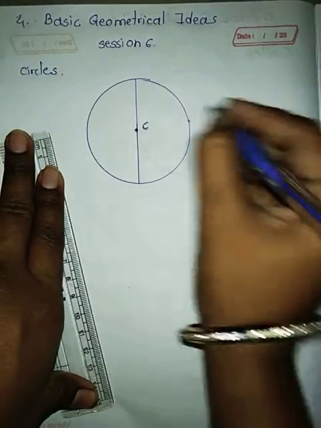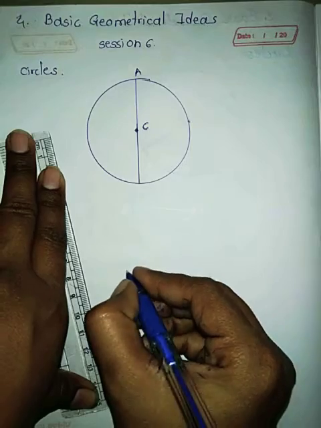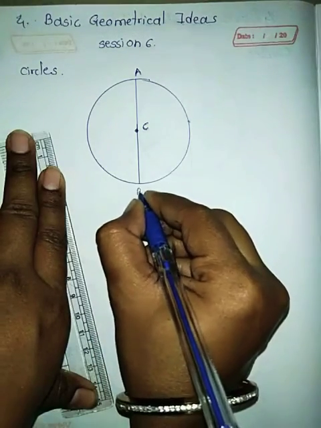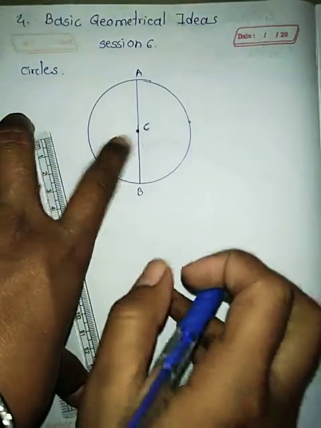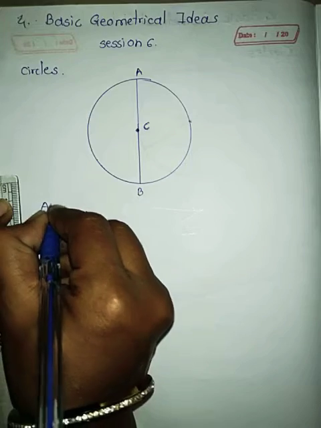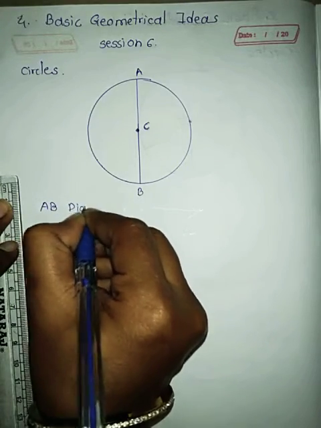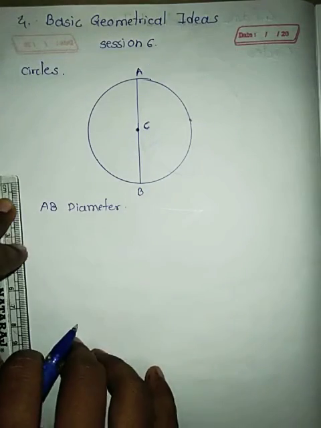Suppose here I am giving A and here B. Now this line AB, which goes through the center of the circle, is called a diameter. AB is the diameter of a circle.